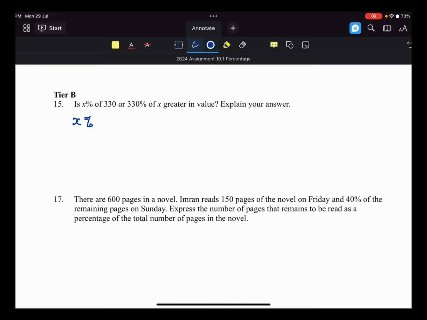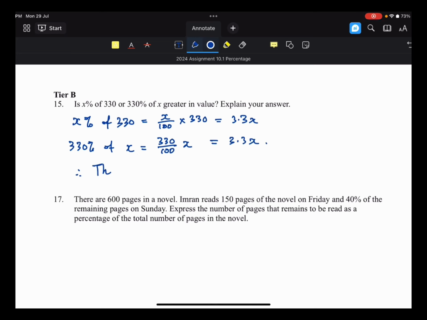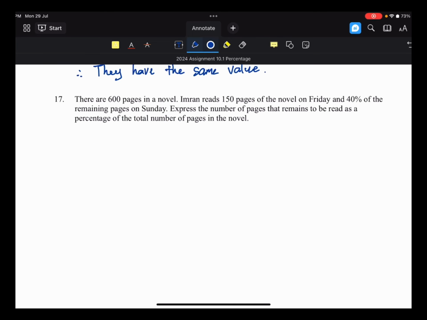So x percent of 330 equals x over 100 times 330, which equals 3.3x, right? 330% of x equals 330 over 100 times x, which equals 3.3x. So therefore they have the same value, right?